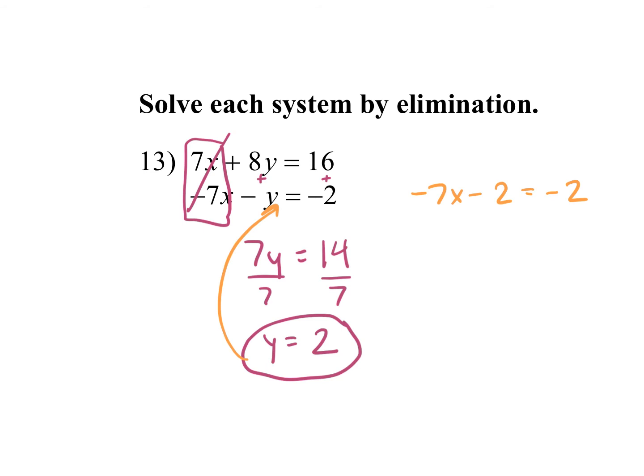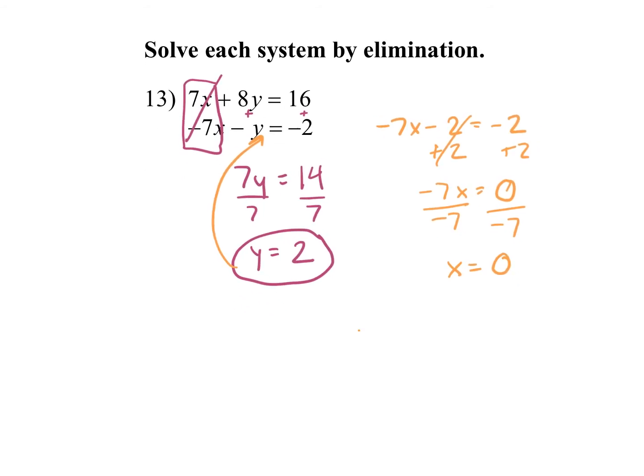What should I do next? Add 2 on both sides. So negative 7x is equal to 0. Divide by negative 7. So what's x equal to? 0. So how would I write my answer? 0, 2. Awesome.